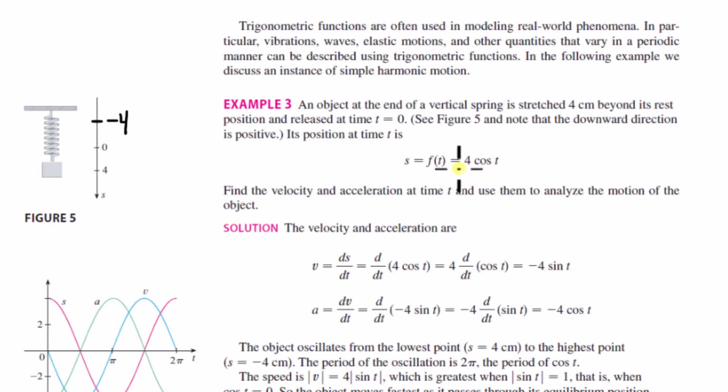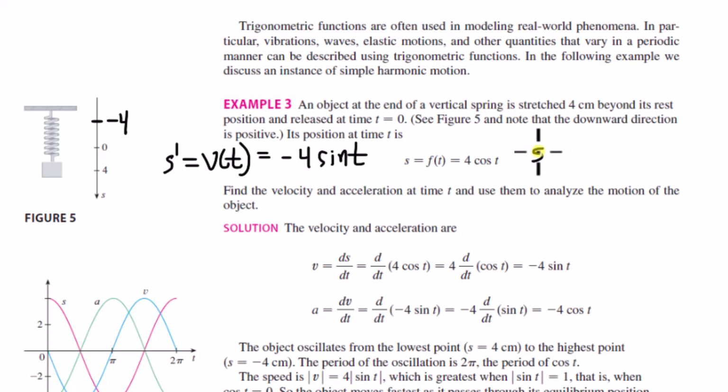Now it's asking what are the velocity and the acceleration as a function of time. We know that s prime is the velocity, and here that's just going to be the derivative of cosine, which is minus sine, so -4 sine t.